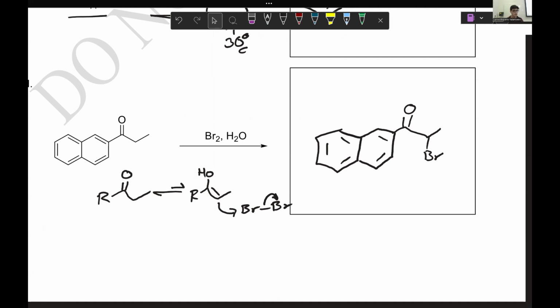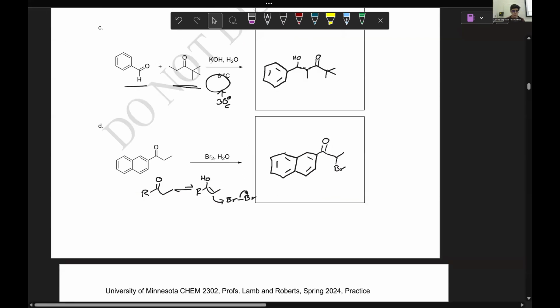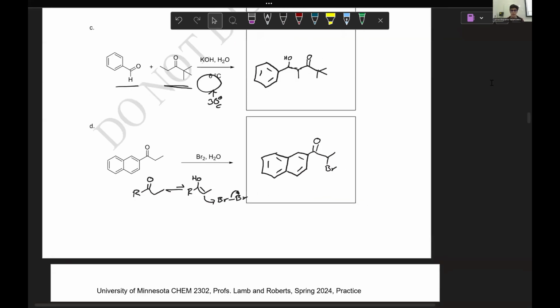It's also important to mention that this only happens once. Even though we have another alpha proton at that site, we can't do it again because of pKas and stuff like that. Does that make sense? This one's a little bit more niche, but it's important to go over just in case it comes up.